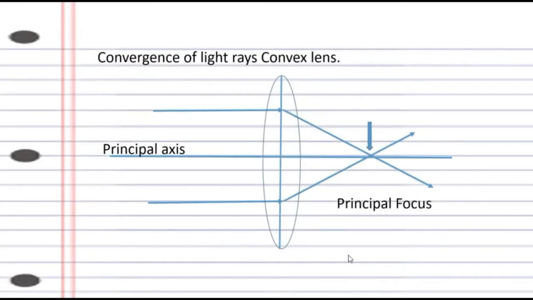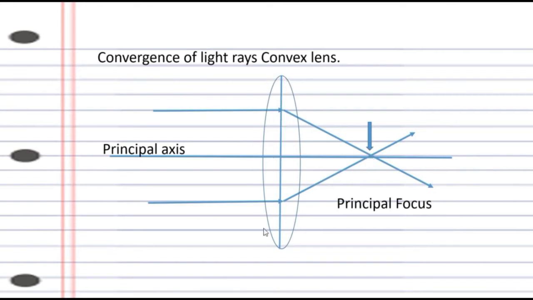Now in this case you have seen these two light rays which are parallel to the principal axis. They get converged and they meet here, and this is the point which is called the principal focus of the convex lens. So if you send light rays from this end, they meet here on the other side of the convex lens. Please remember this point.